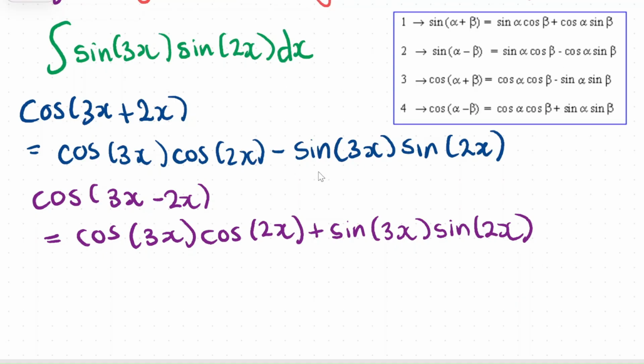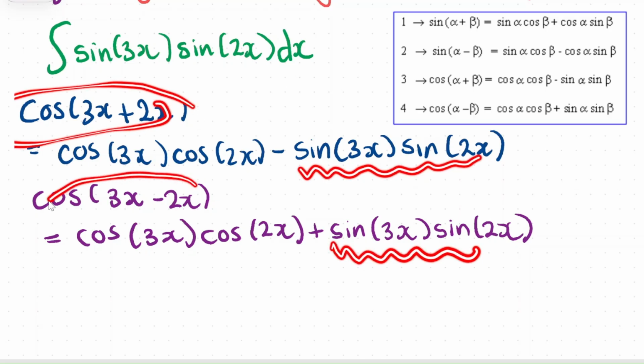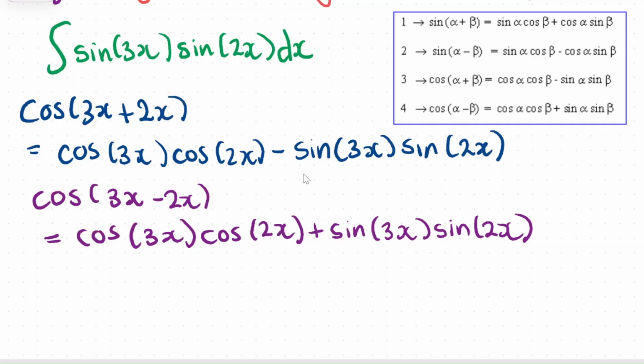Basically, what we're trying to do is manipulate the cosine functions to make sine 3 of x and sine 2 of x, which is the original question, the subject of the formula.